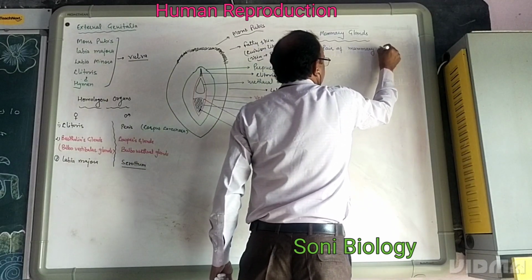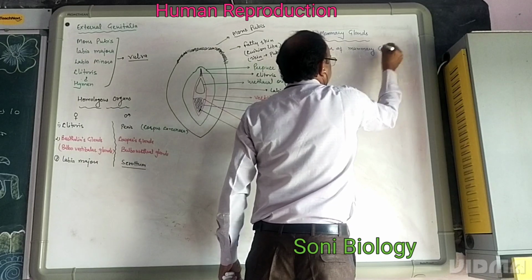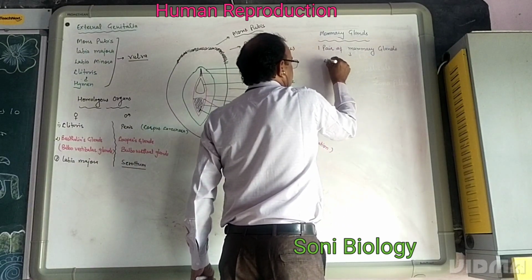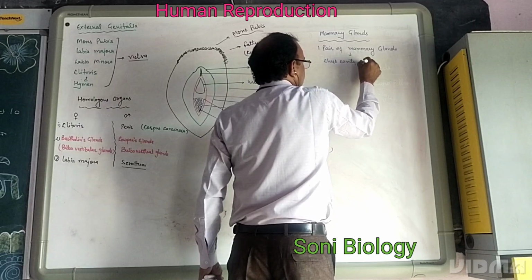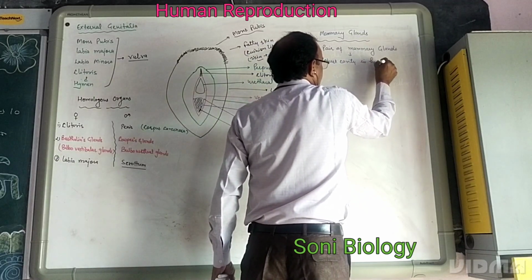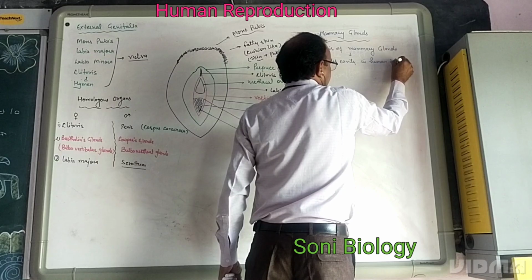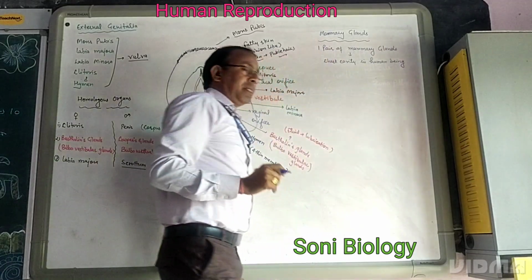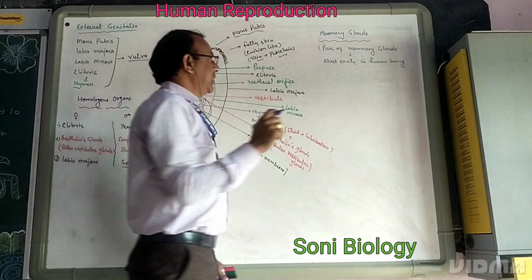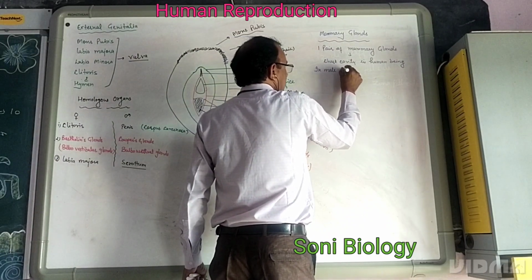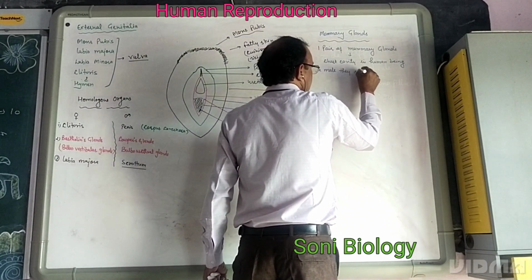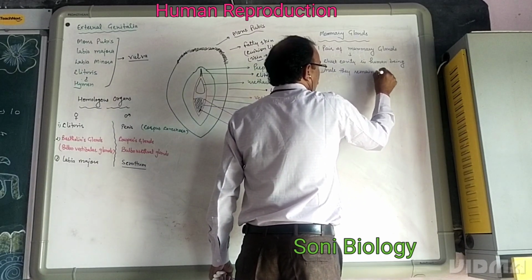A pair of mammary glands is present in the chest cavity in humans, either male or female. But in males, they remain rudimentary.